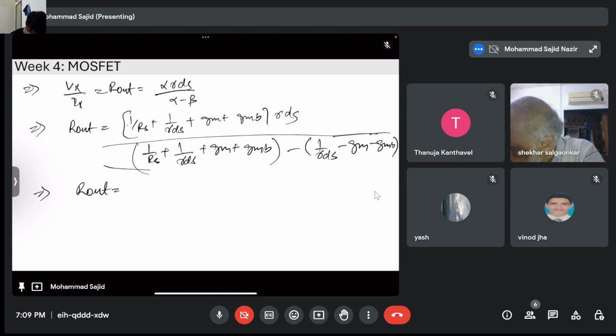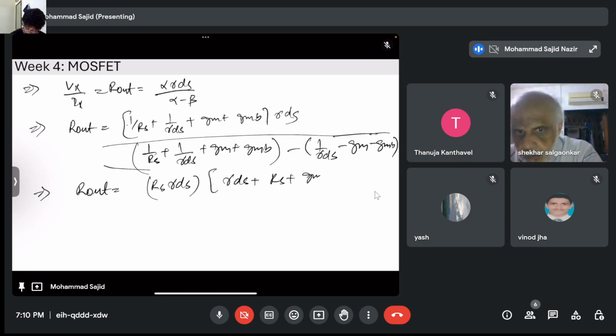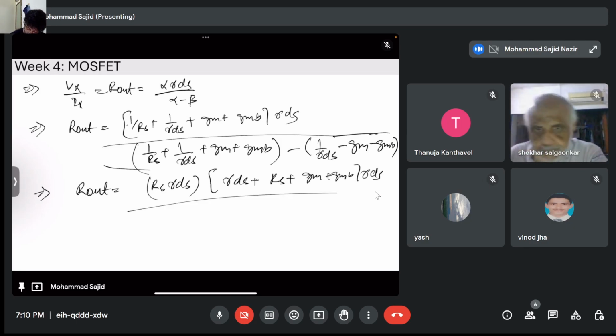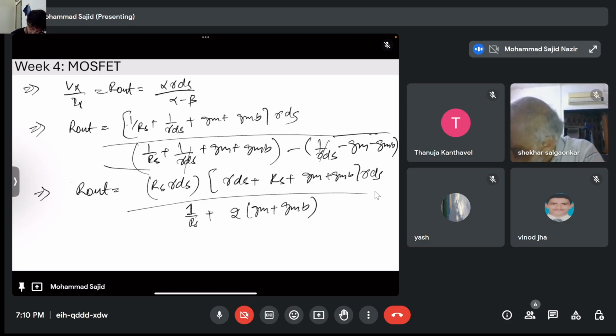I can write it as Rs Rds. This will be Rds plus Rs plus Gm plus Gmb times Rds, whole divided by Rds, and Rds will go. This will be 1 by Rs plus 2 times Gm plus Gmb. Okay, this is your R out, but this is not your total R out, right?